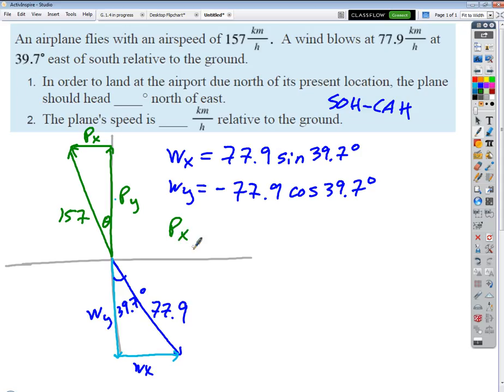What is p sub x in terms of theta? What do you think? Frank, what do you think? Here's our right triangle. The hypotenuse is 157, right? That's the magnitude of the plane's speed. What's that going to equal?